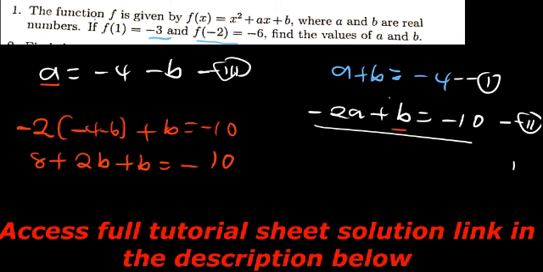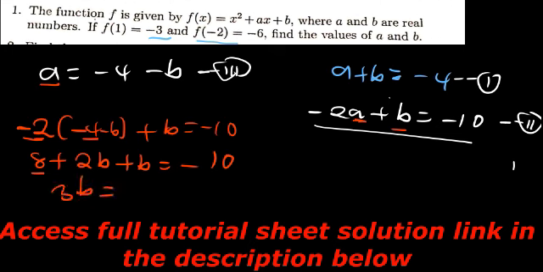After doing that, I'm now replacing where there is a here with negative 4 minus b. So this times this is positive 8. Then since this is also negative, it is positive 2b. Then I'm going to shift this to the other side. So it's going to be 2b, and 2b plus b is 3b.